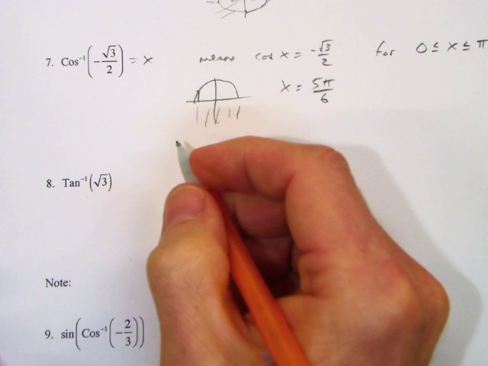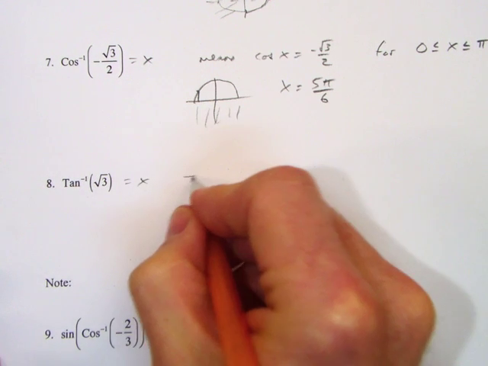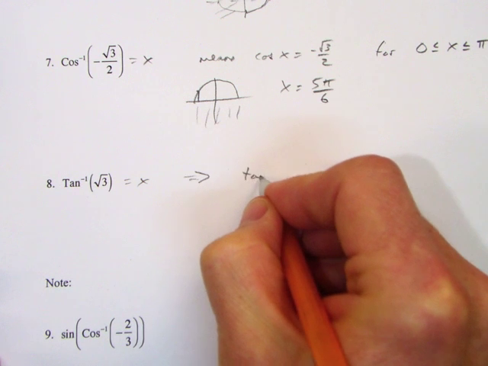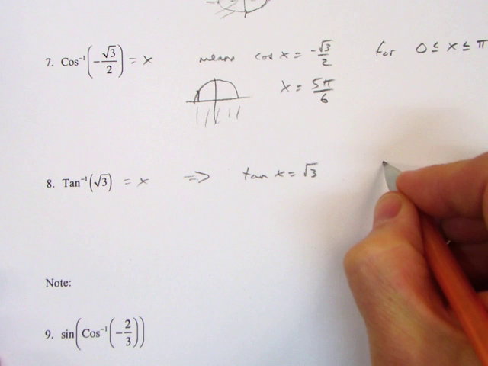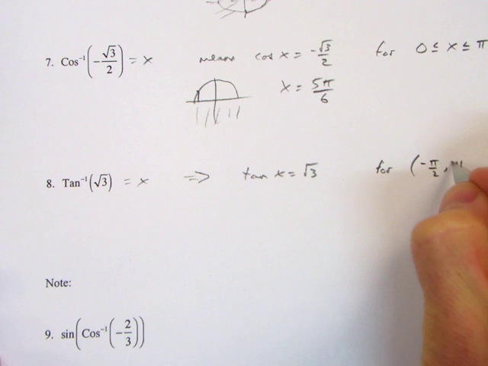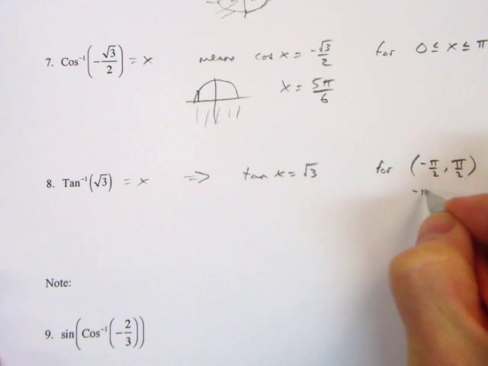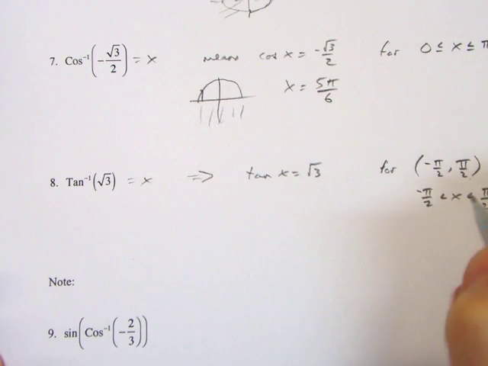Inverse tan of root 3. So we'd set that equal to x. And this gives us tangent of x equals root 3. Now what's our restriction for tangent? I'll put it using our interval notation on this one. Remember, that means negative pi over 2 to pi over 2, not inclusive.